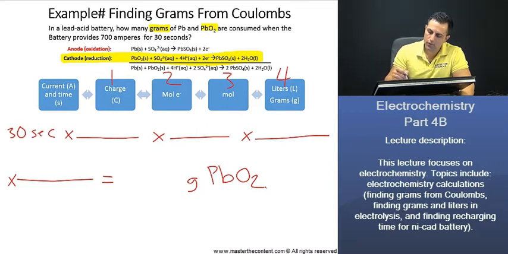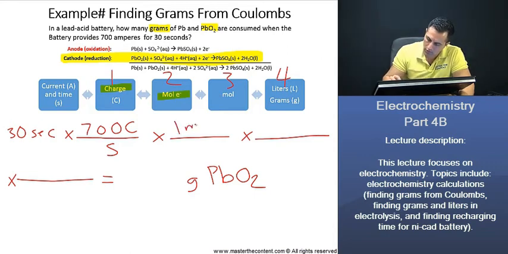For now, we have 700 amperes. 700 amperes, we just said, is equal to 700 coulombs per second. We have charge, now we need moles of electrons. And 1 mole of electrons is equivalent to 9.65 times 10 to the 4 coulombs.